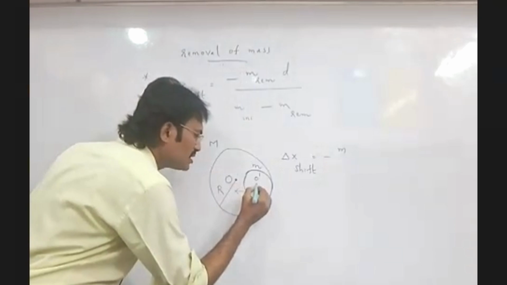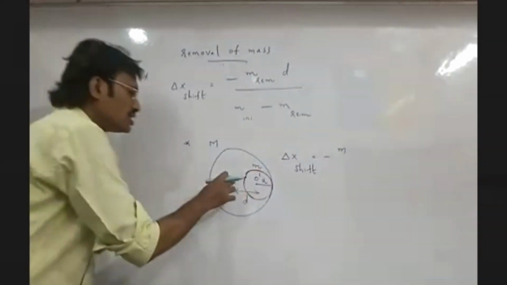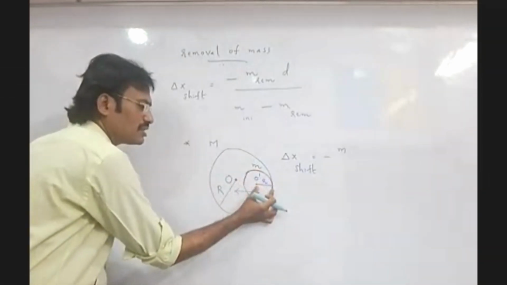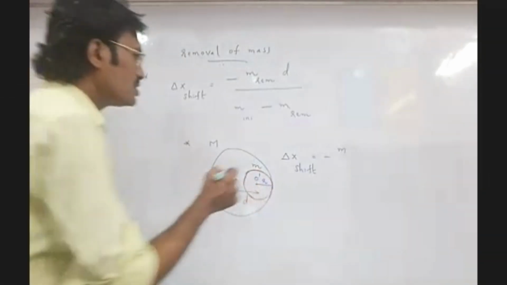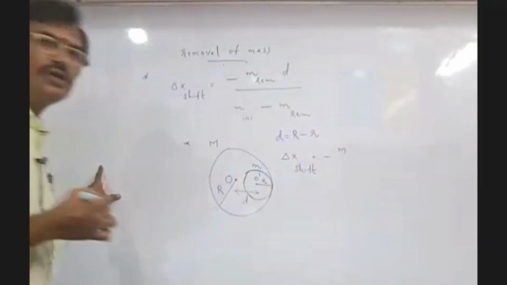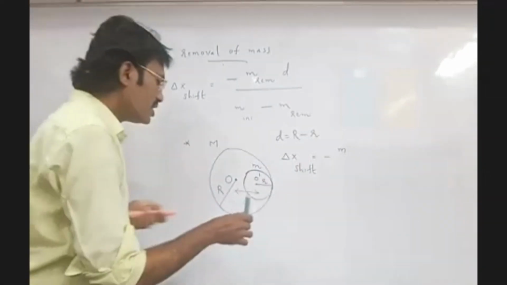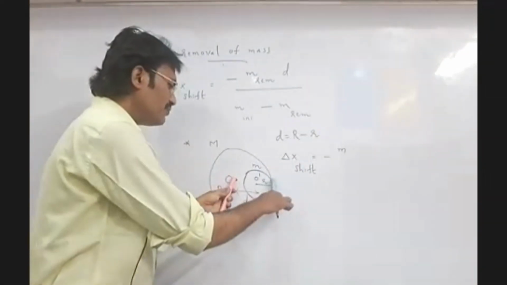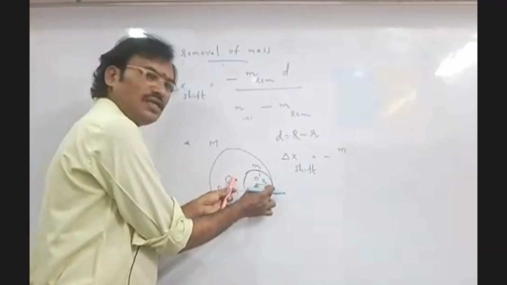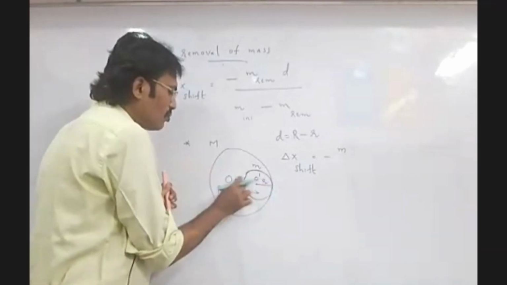Listen, the small circle has radius small r. Then what about the distance between O and O dash? The total is capital R, and the small part is small r, so the distance between the two centers of mass, d, is equal to capital R minus small r. From the center to this end is capital R. The small r is some part of the capital R. Now I need to consider O dash.